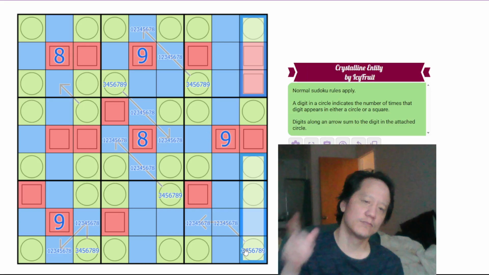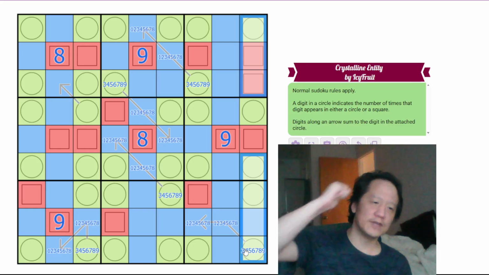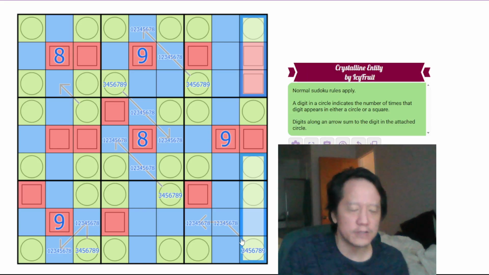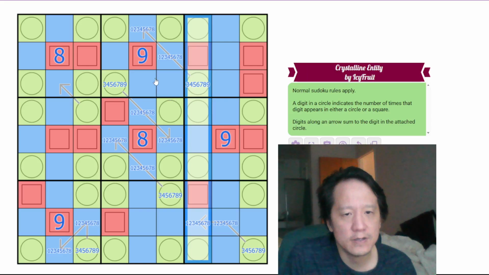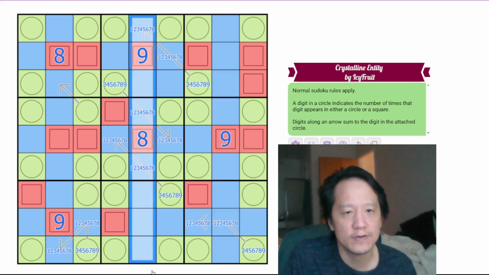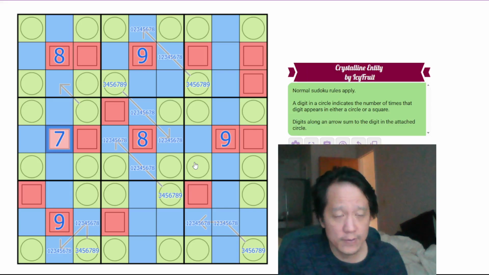Okay, so assume 7, 8, and 9 are all in circles. That means 7 has to be in circles or squares. Therefore, the missing 7s are missing in column 8 and column 5. Therefore, there must be a 7 in all the other columns, so this would have to be a 7.